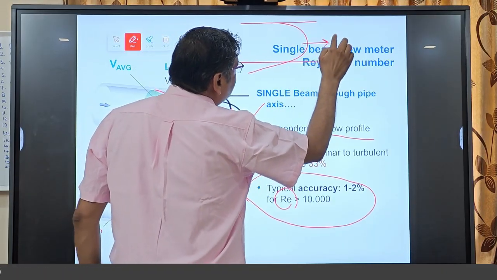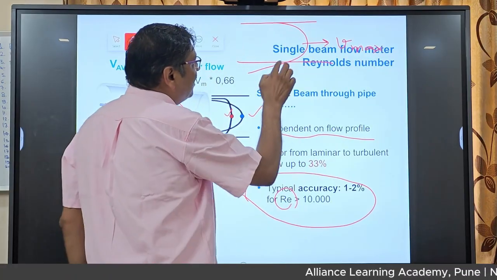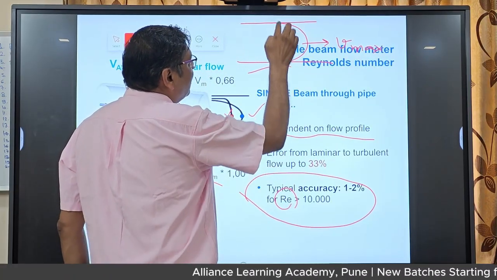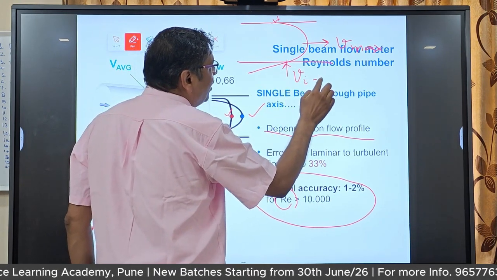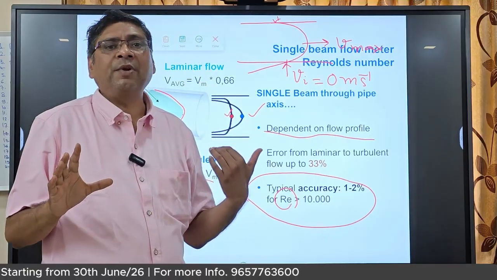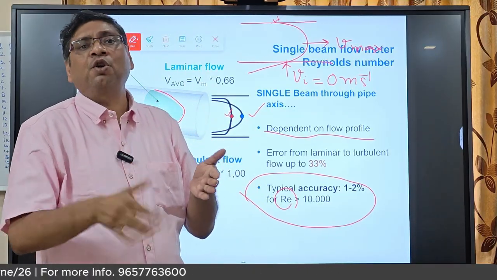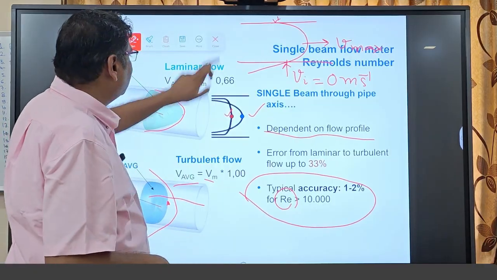I told you this is the V max, and I told you one thing, at this point and at this point the velocity will be how much? 0. If you don't understand, go to the previous slide and brush up your basics. So we will go to the next slide now.